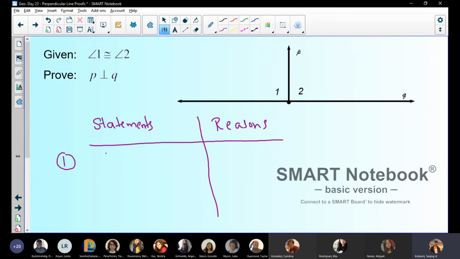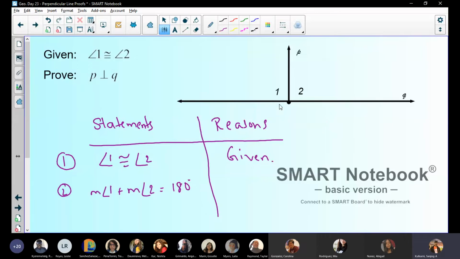So the first step we always start with is what is given. From the figure we can know that these two are a linear pair. So I can say that measure of angle 1 plus measure of angle 2 equals 180 degrees because of the linear pair postulate.